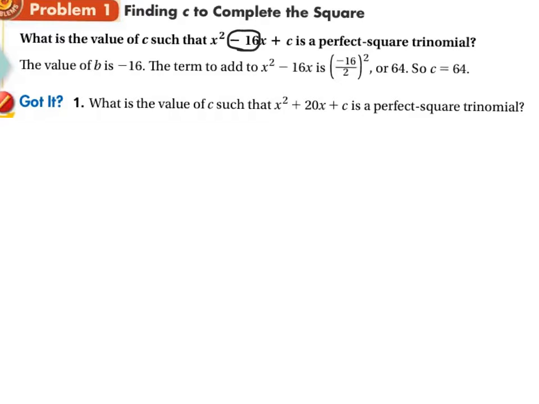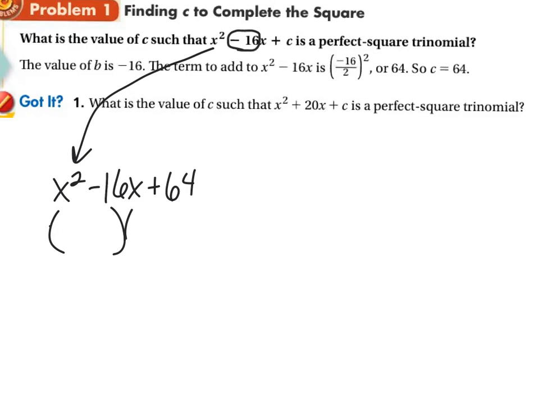I guess going back real quick to the previous problem, if we say c equals 64, just to show you where we're headed with this, or what the reasoning is for doing this, which you'll see more as we go along, if we put that c as 64, what happens then is we can factor this as x minus 8 times x minus 8, which is the same as x minus 8 quantity squared.